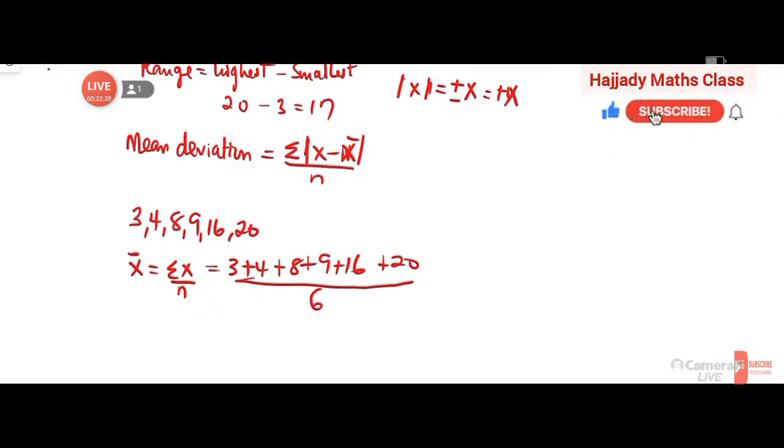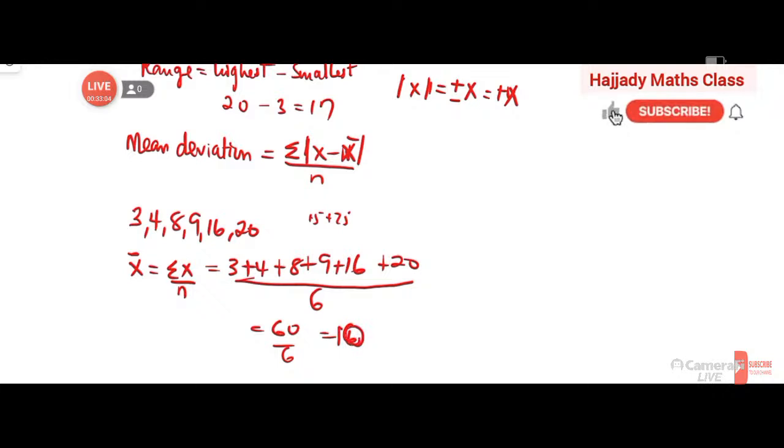So calculating the mean, we have x bar equals 3 plus 4, 7, plus 8 is 15, plus 9 is 24, plus 16 is 40, plus 20 is 60, over 6. So our x bar is 10 in that regard.